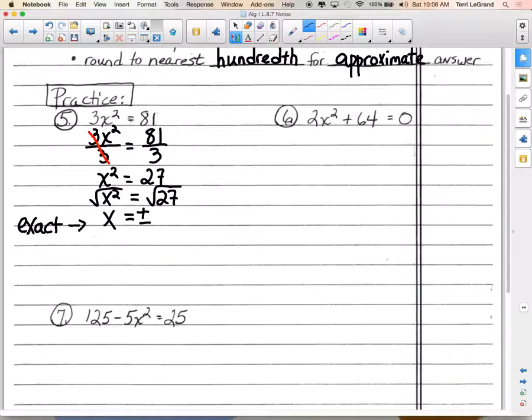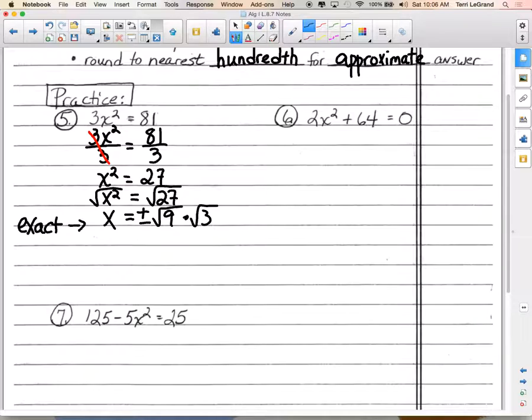I didn't start with 1 because 1 isn't going to get us anywhere. 4 doesn't go into 27. Next perfect square is 9. Ooh, 9 goes into 27. So I can rename this as the square root of 9 times the square root of whatever times 9 is 27. Well, that's 3. So I can rename it like that.